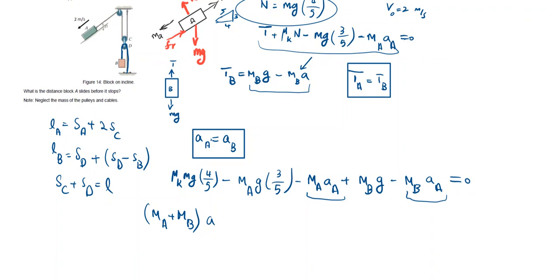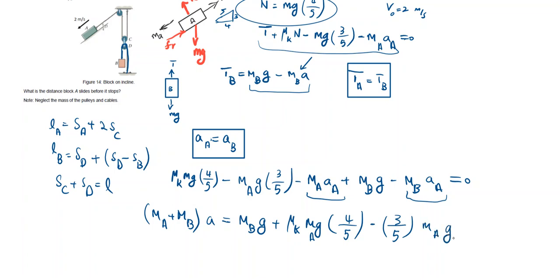We know that the accelerations of A and B are the same, so it is equal to mass of B times gravitational acceleration, plus mu times m_A g times 4 on 5, which is for block A, minus 3 on 5 again of the mass of block A times g.